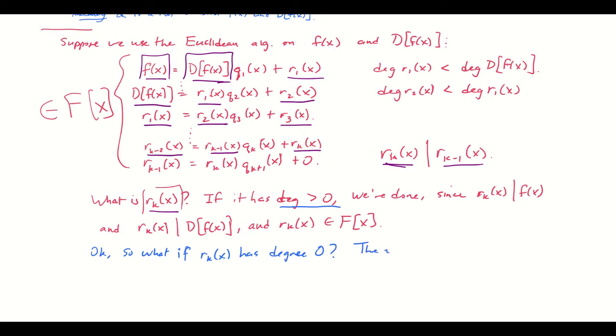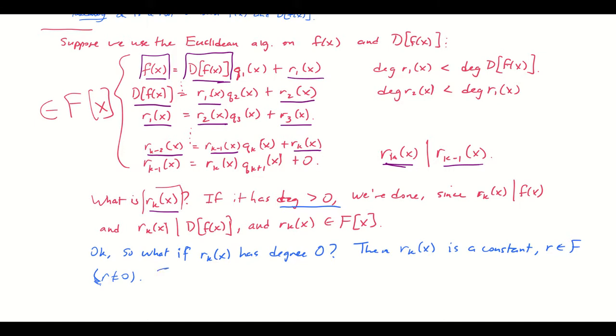Okay, then rk of x is a constant. So let's call that r, and that's an r belonging to F, and it's non-zero, because otherwise it wouldn't be the last non-zero remainder.